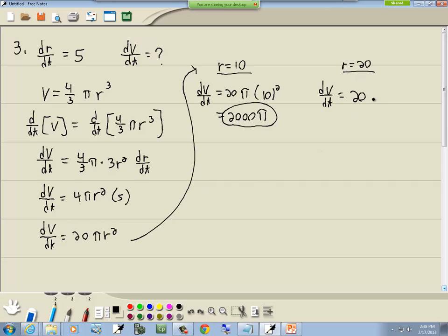So I've got 20 pi and then r squared, so 20 squared. Let's see, 20 squared is 400. So that gives us 8,000 pi. And those would be our rates of change of the volume with respect to t.